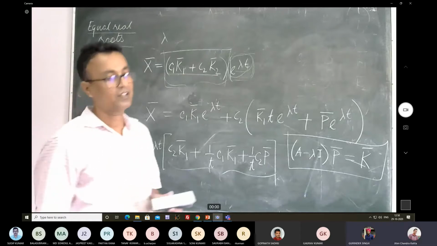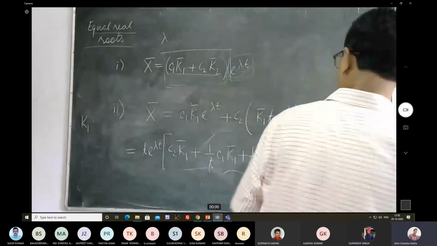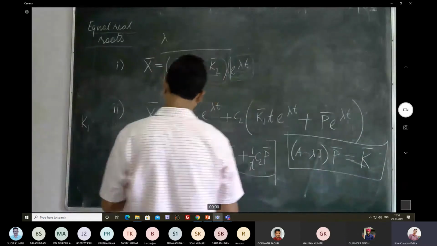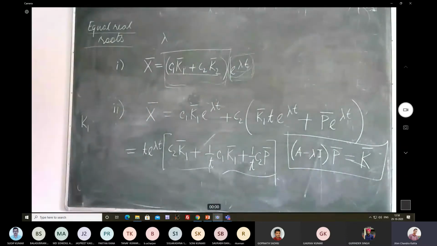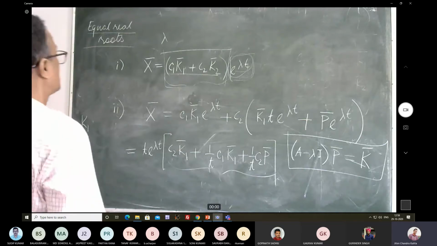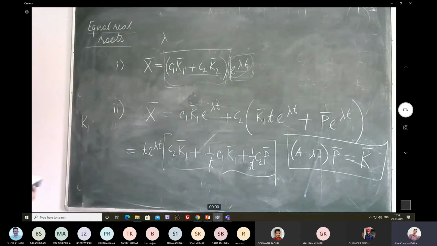And again, when your C2 is 0, you are going to have all the solutions converging towards a vector lying along K1.